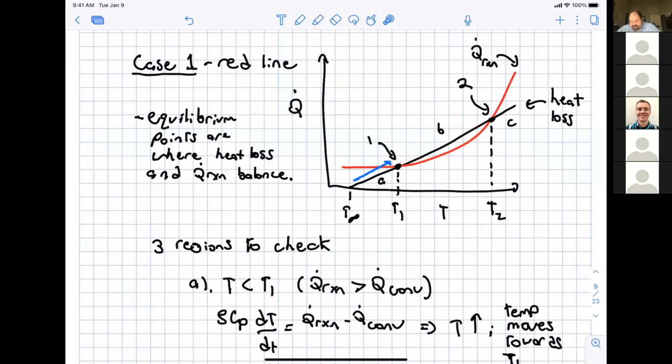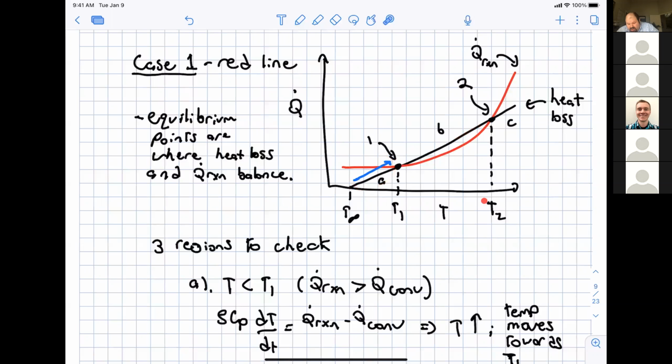So then what happens is our system cools, and the temperature goes this way. But still in this region, the convective heat loss is higher. So essentially, I can go through the exact same argument that I did over here, but in the opposite direction.